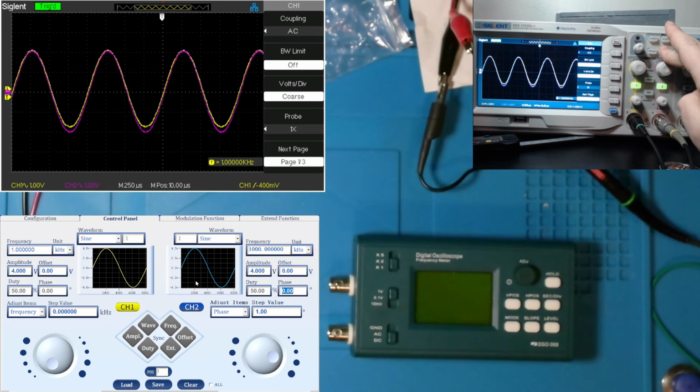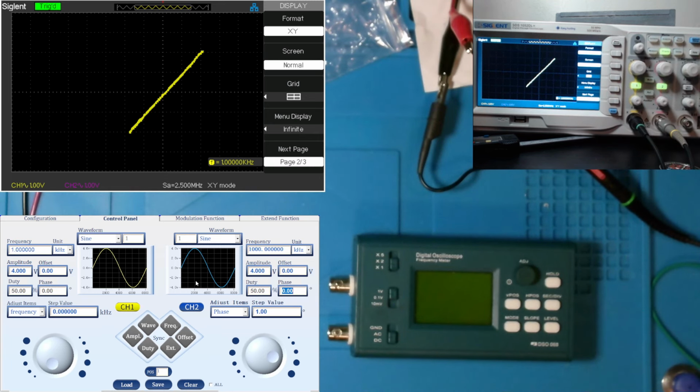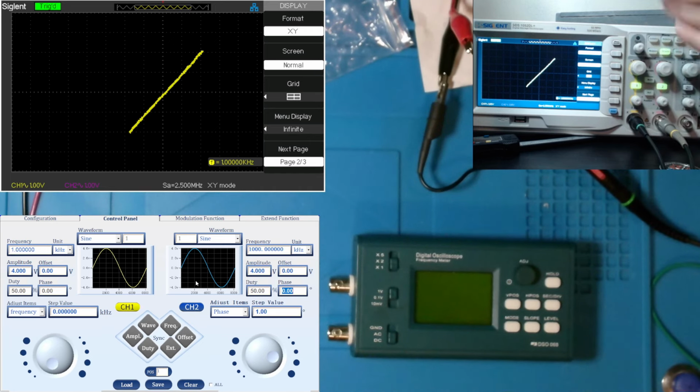However, we can change our device from a YT format to an XY format, and now our horizontal scale is being controlled by an input, and so is our vertical scale. And this, let me tell you, is super cool. So what I'm going to do is change the phase of my input signal coming in on channel 2.